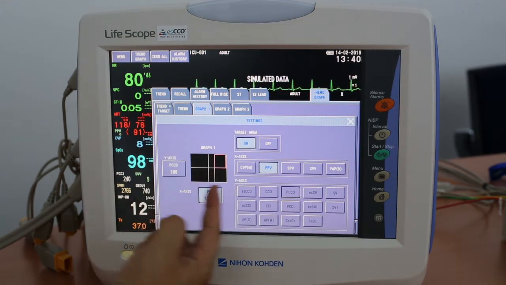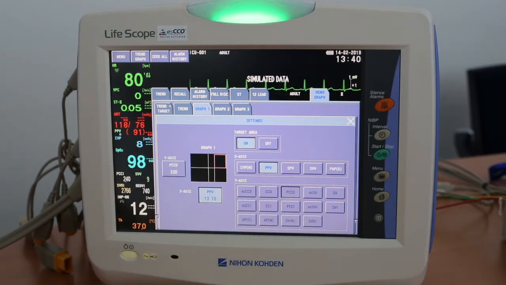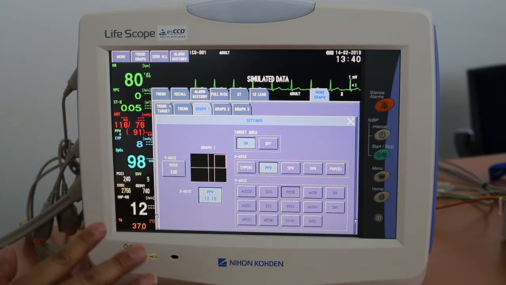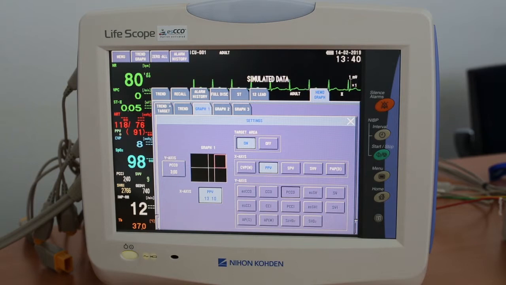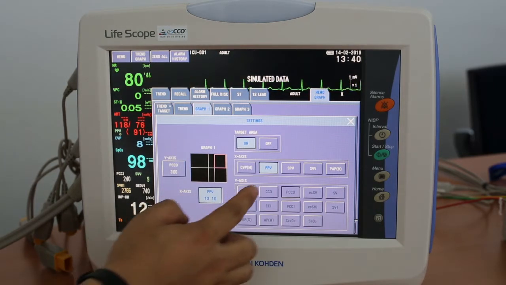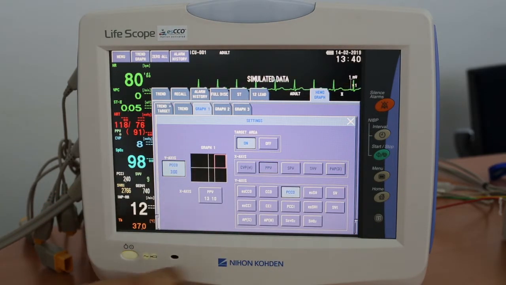For the x-axis we can choose from PPV, SPV, SVV. Of course, the parameter depends on the doctors, but PPV and SVV are the common parameters on the x-axis to see fluid responsiveness. For the y-axis we can have these parameters.